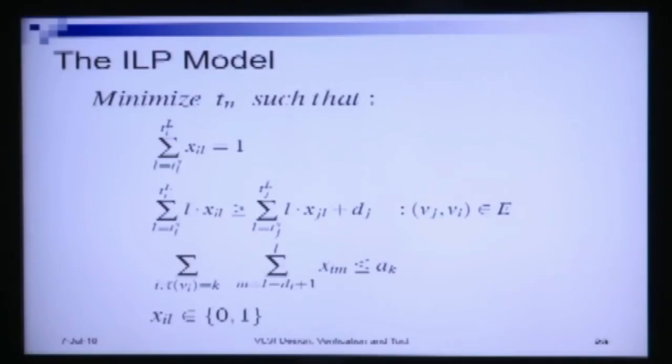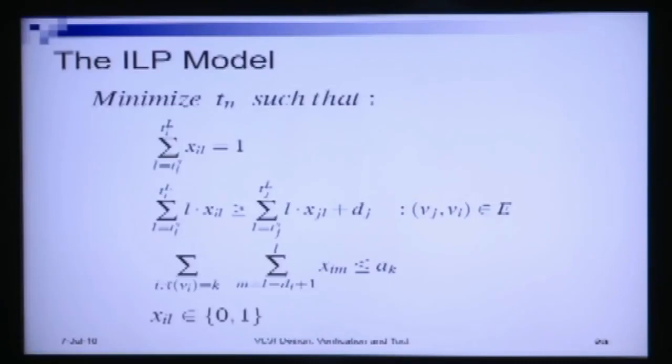So, the final formulation becomes minimize Tn, and Tn can alternatively be represented as summation l equals Tns to Tnl of l into xnl, the time at which Tn is scheduled, the start time of the nth node.